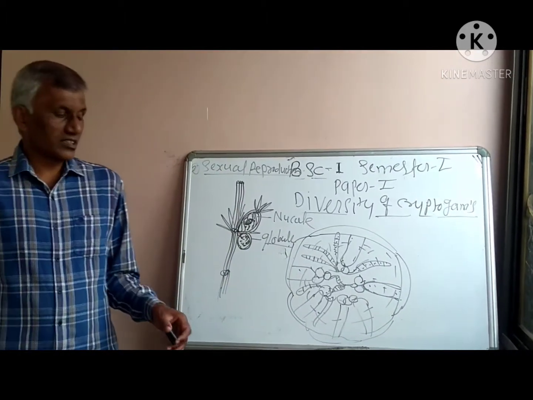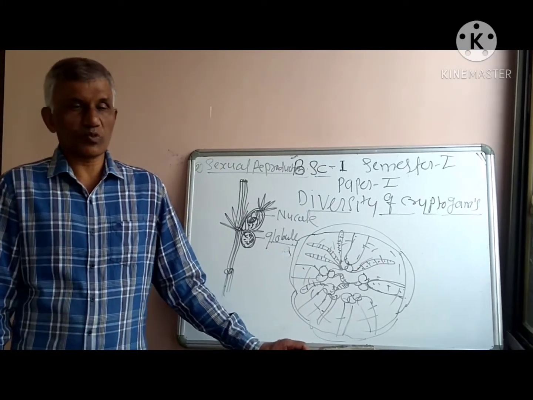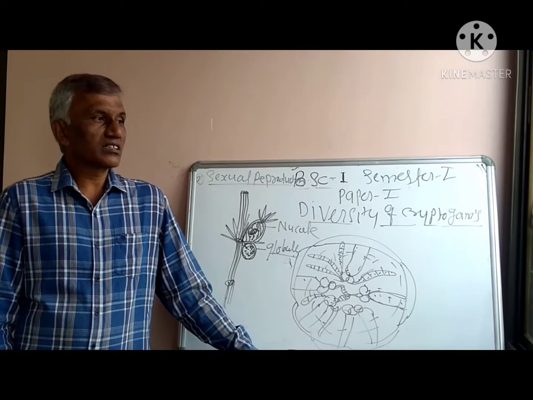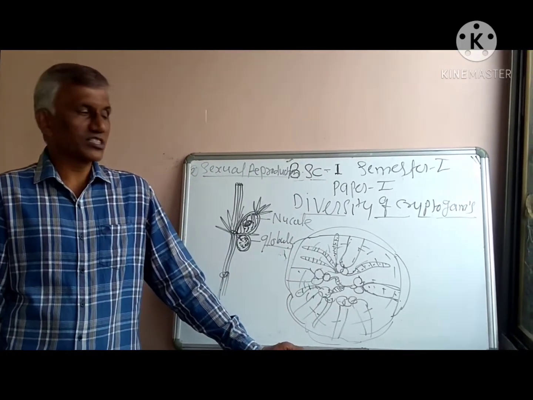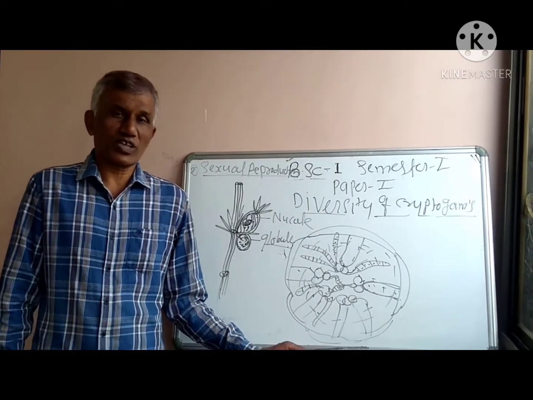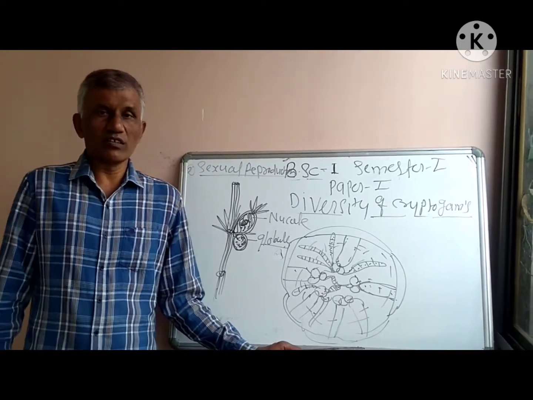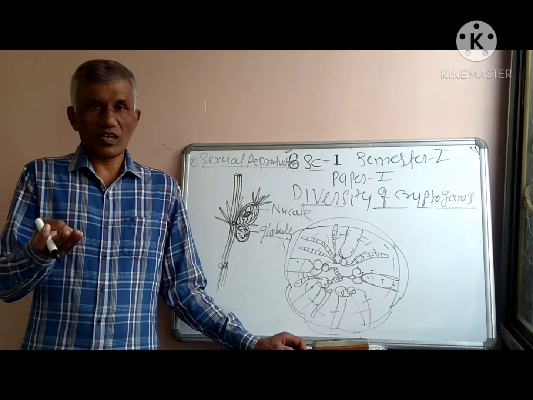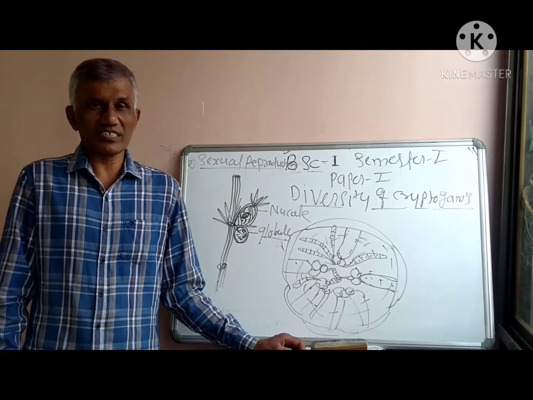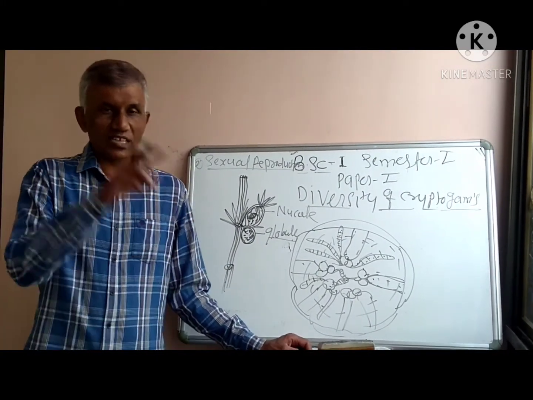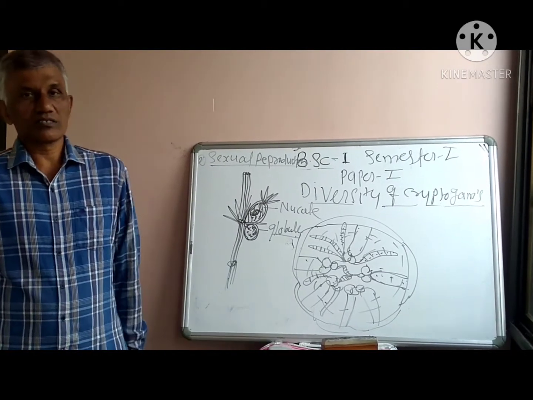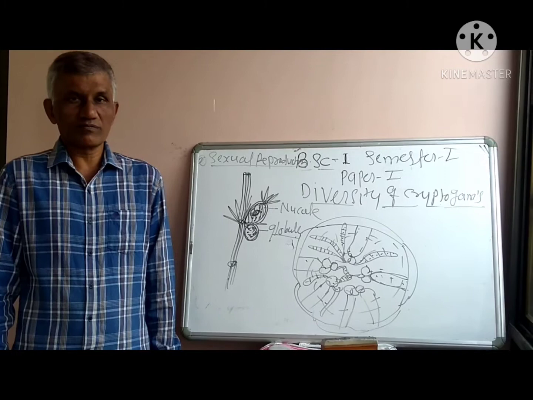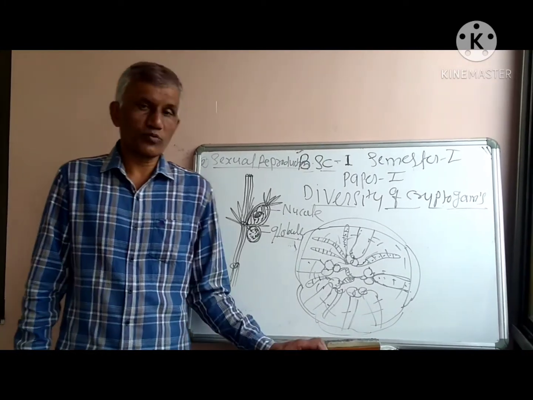So what are the different structures from which vegetative reproduction takes place in Chara? There are three types of structural bodies that develop on the rhizoids of Chara. The first is amylum stars, star-shaped structures which have a large amount of amylum starch, a large amount of food material.